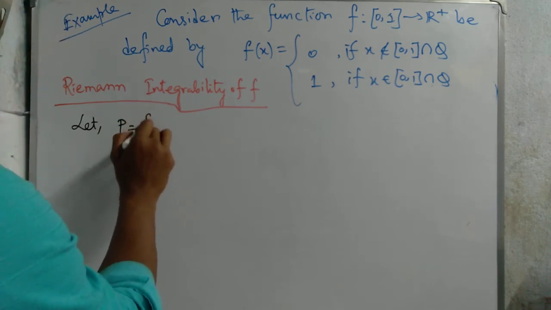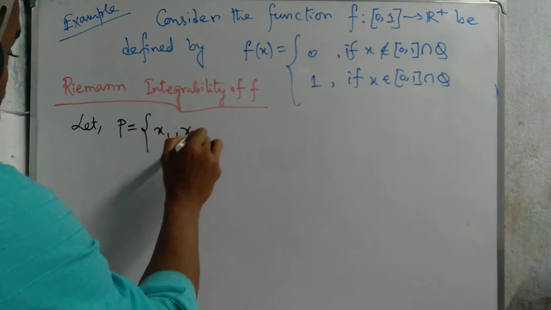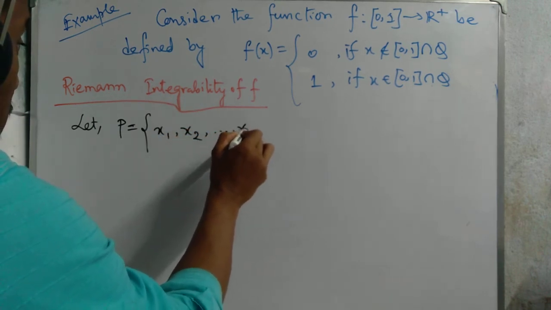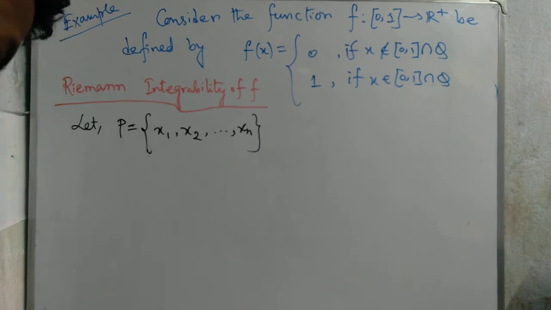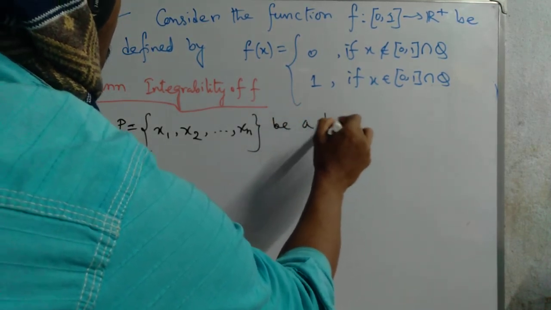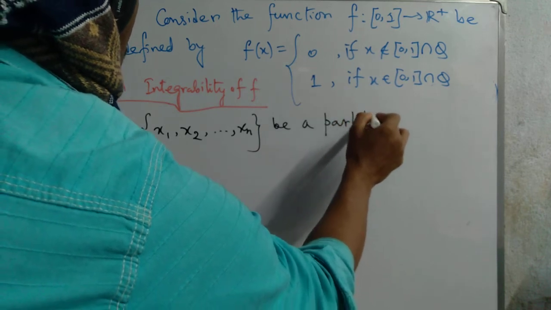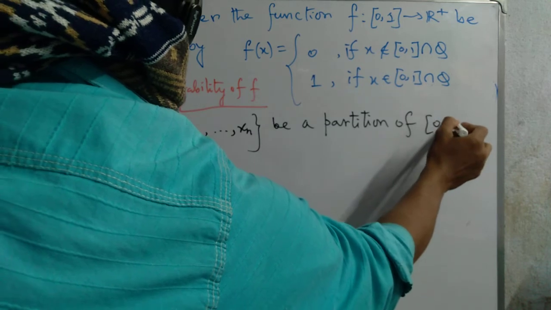Let P equal to {x1, x2, ..., xn} be a partition of [0,1].